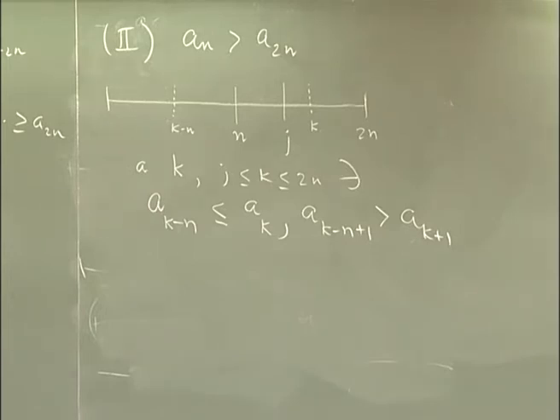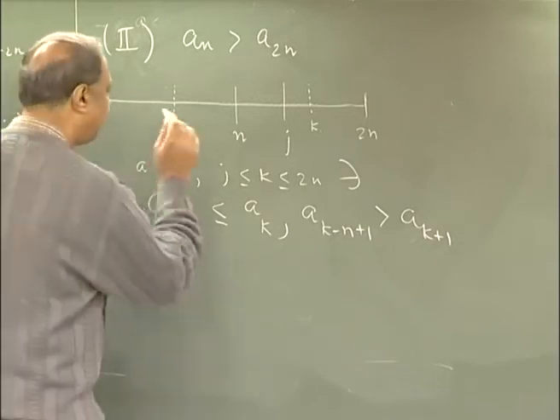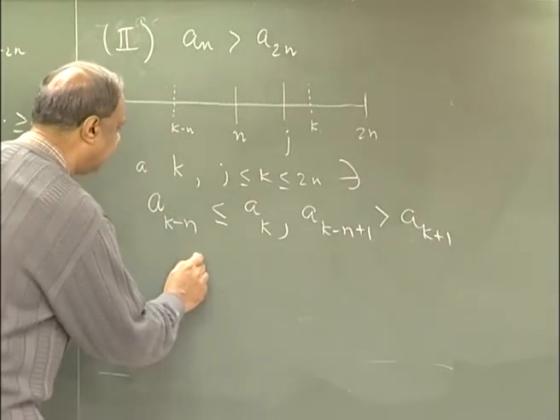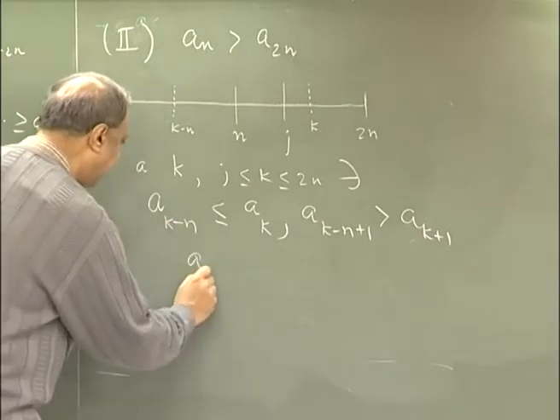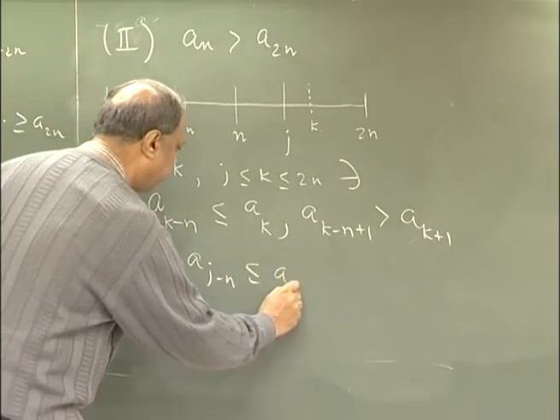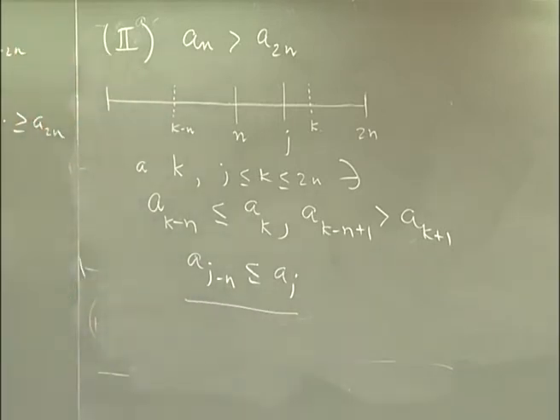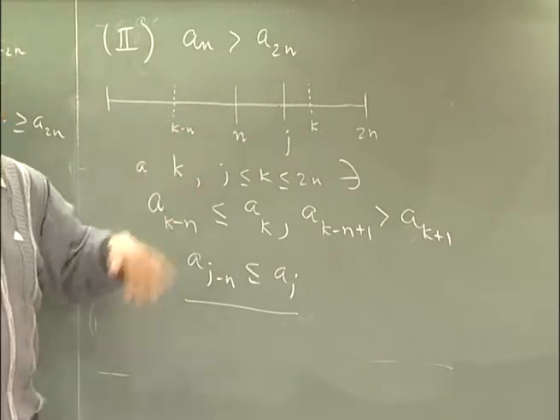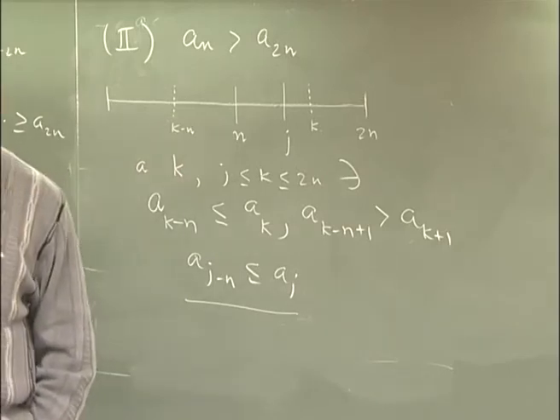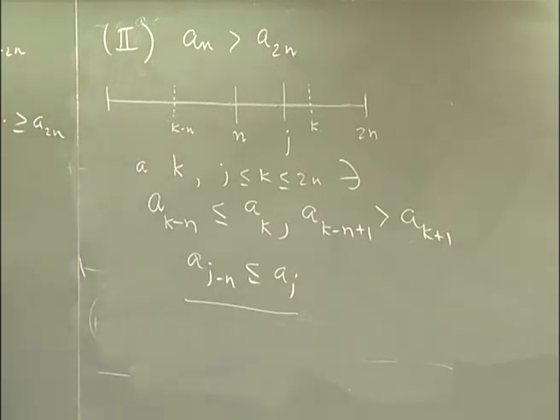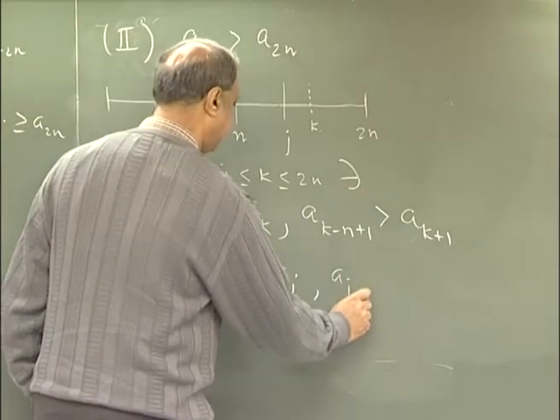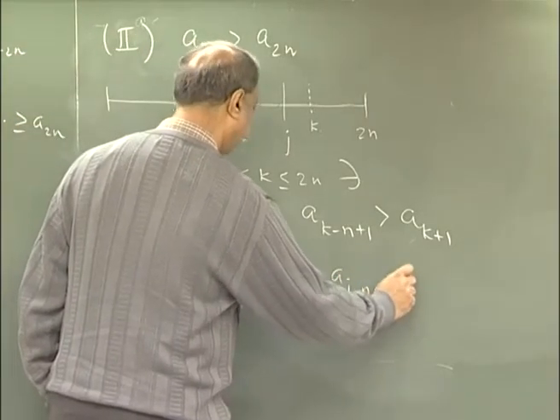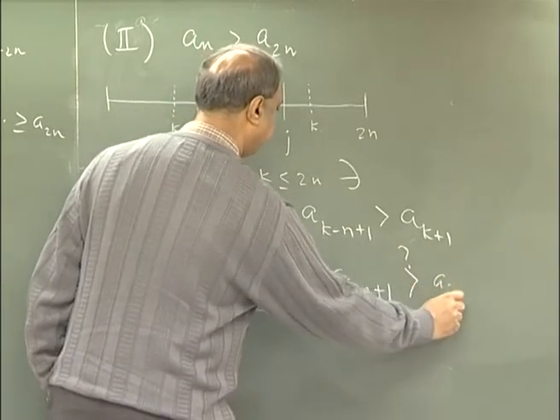Now, how can you justify this? What I have found is that aj minus n is less than or equal to aj. This is given to you. Aj minus 1 is less than or equal to aj, because of the definition of your bitonic sequence. Now you look at aj minus n plus 1, whether it is greater than aj plus 1 or not.